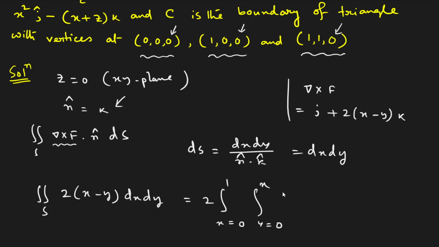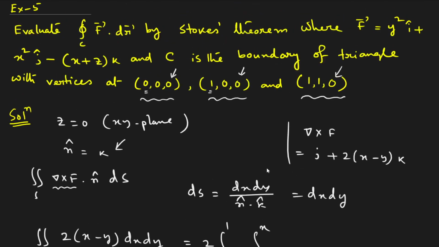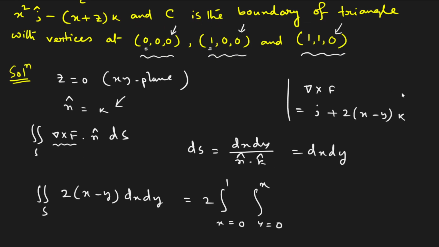How do you know that this is 0 to x? Because x is 0 to 1, and to find the limit of y, draw the triangle. This point is 0, 0, 0, then 1, 0, 0 is this point, and then 1, 1, 0, like this you'll get the triangle.